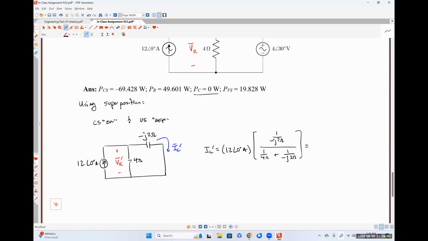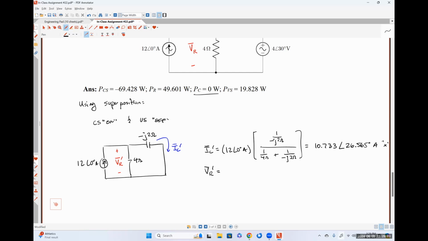So I got 10.733 with an angle of positive 26.565, excuse me, amps, and I'm storing this in my calculator as X. Knowing that current, how could we get VR prime? We could just multiply by negative J2 ohms. Exactly right.